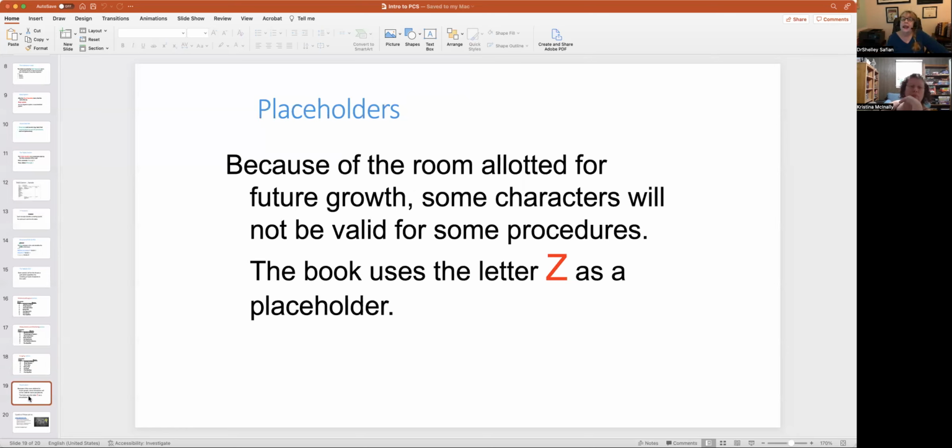Now, because this is a code set, as I mentioned before, that is designed to have room to grow, there will be times when you're coding a procedure where a particular thing, like we saw with a device, is not applicable. So instead of N/A, we put the letter Z as in zebra.